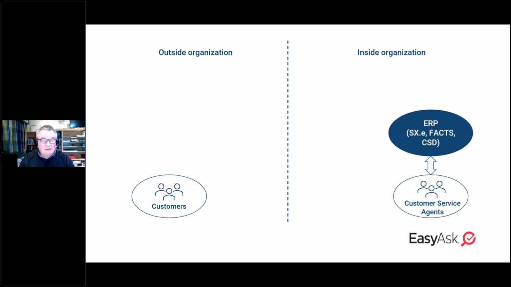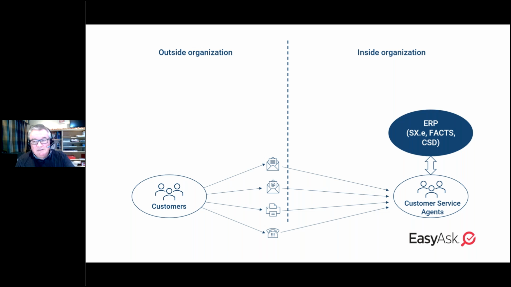Then outside of your organization, obviously you've got a set of customers, and they are interacting with this system through your customer service agents. That can happen in many ways. It could happen by traditional mail; a customer might actually post an order in. It could be email, fax or telephone.